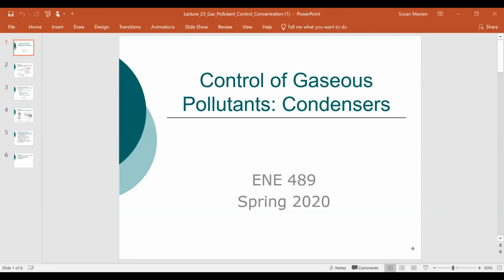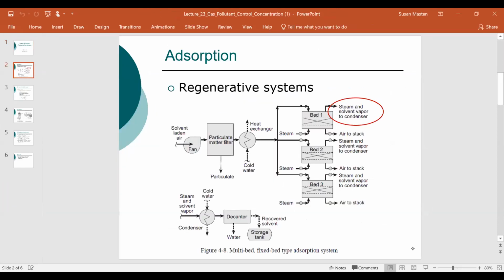So the second to the last unit that we'll study is the use of condensers. Stepping back to the beginning, we talked about the adsorption unit, and I showed you this slide, and we focused on this part right here, the adsorption part of this schematic diagram.